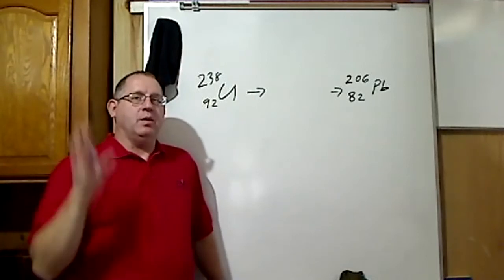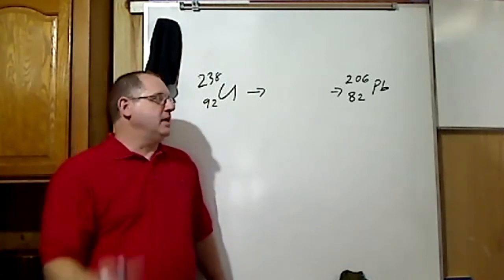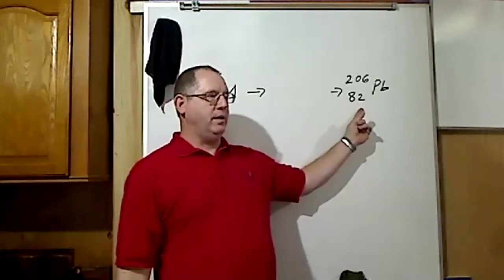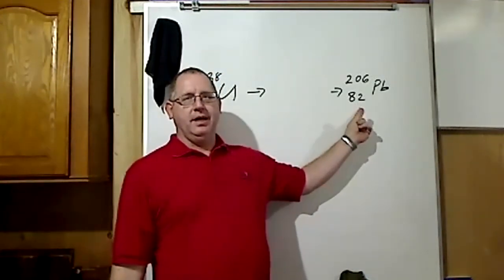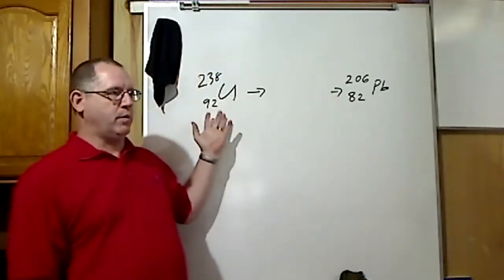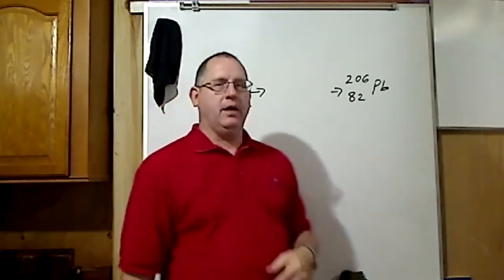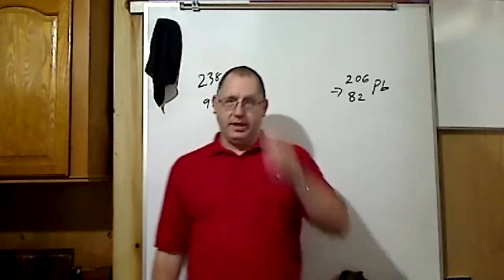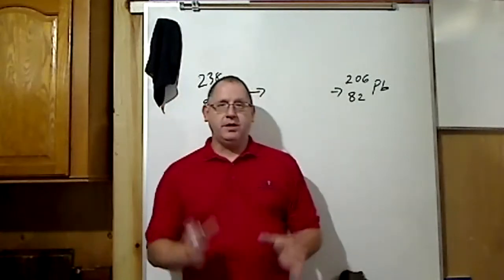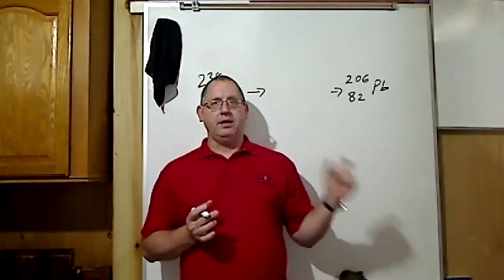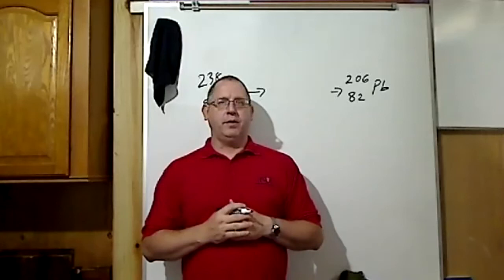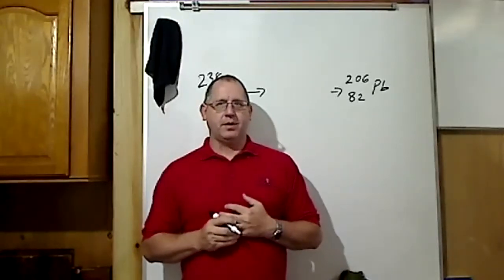What's interesting about this is that the only place we've ever encountered lead-206 is in the same places where we see some uranium. Any other lead that we see is not lead-206. So the assumption is made that all of that lead is a daughter product of the uranium.